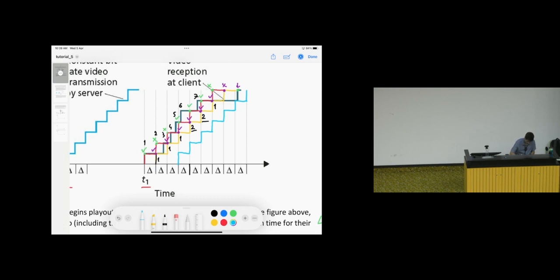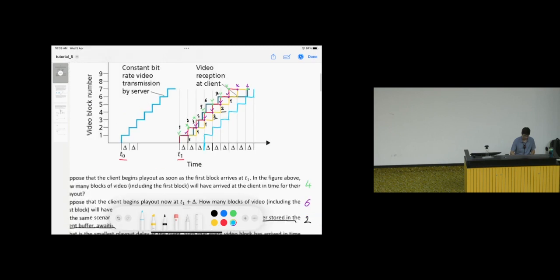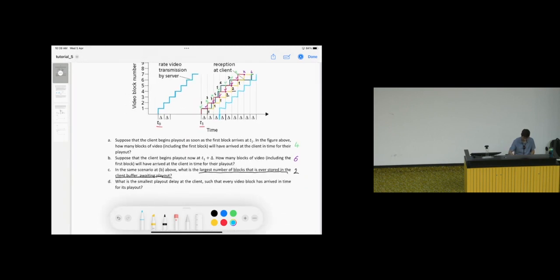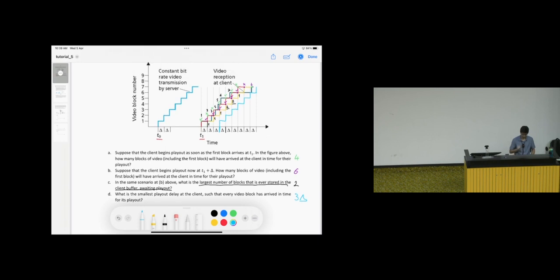So I need to start my playout here, which is T1 plus 3 delta. That means my playout delay has to be 3 deltas. All right, any questions?